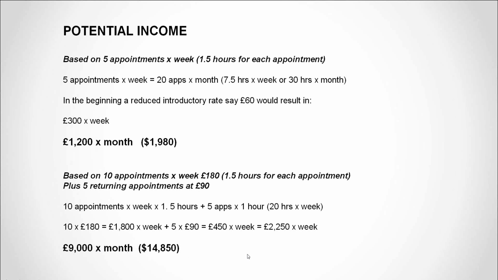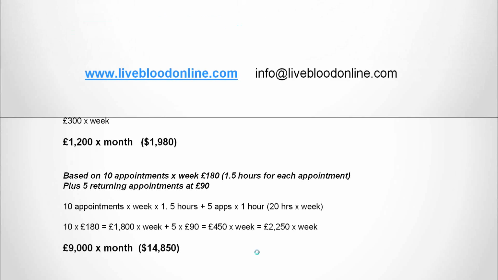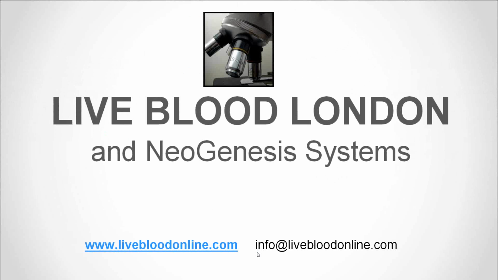So that is the full potential. So that brings us to the end. I hope it's been useful and helpful, and I hope it's helped you to understand the cost of setting up your live blood analysis, and also how soon that you can recoup the costs.